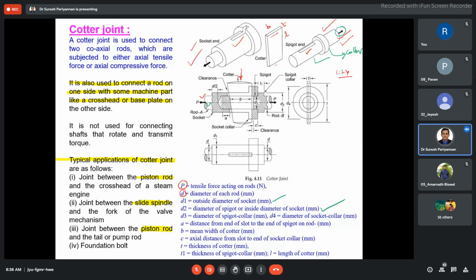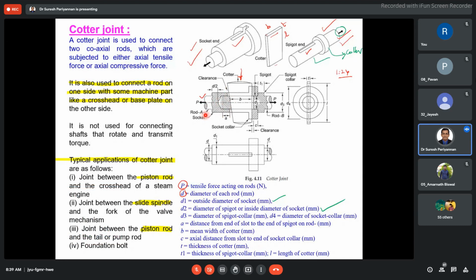This is the end of the slot, from this distance to this distance, where the quarter is sitting. A and B.